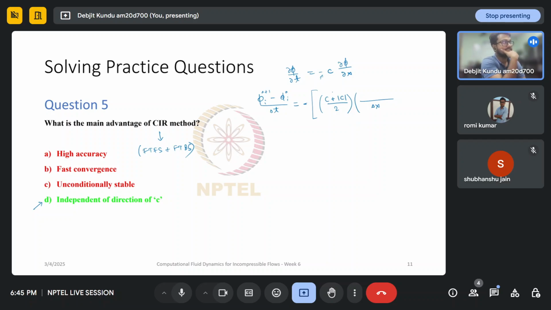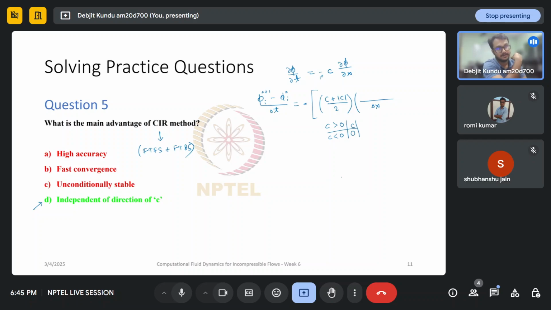So C plus mod C by 2, when C is greater than 0, this term is equal to C. And if C is less than 0, then this term is equal to 0. So basically, this term will vanish when C is less than 0 and will remain when C is greater than 0.